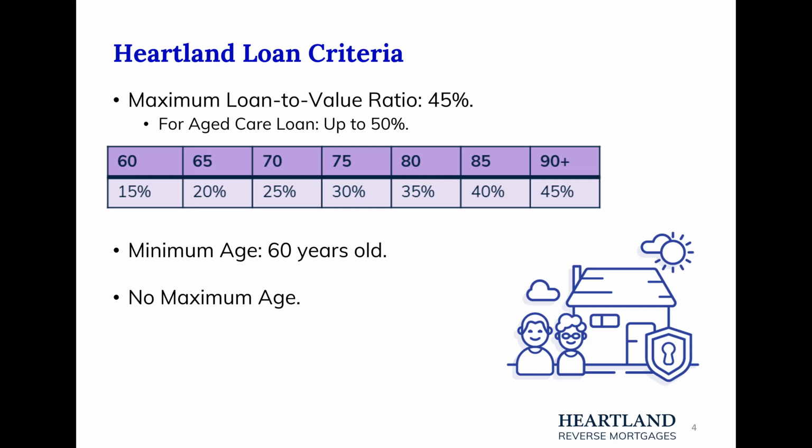In that case, we would be lending to them based on an LVR of the youngest age. So if they were 55 years old, then the LVR we would provide to them would be 10%. However, this is not a part of standalone criteria. Like I said, it's considered on a case-by-case basis, but I thought that would be important to mention and important for you to note down.